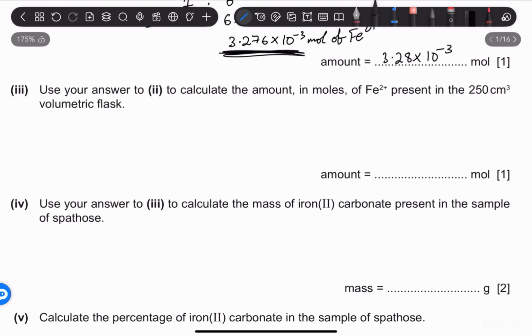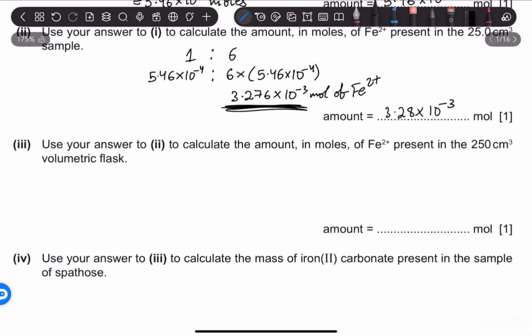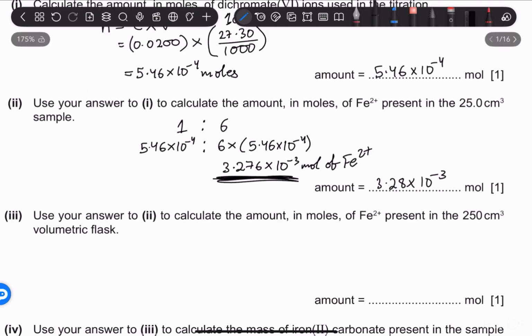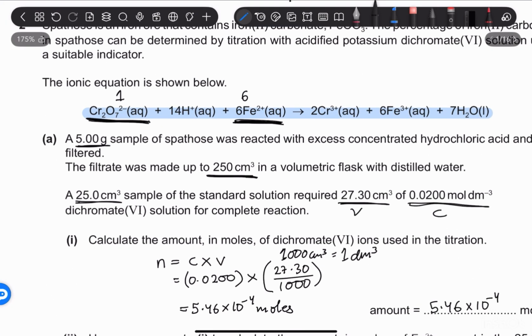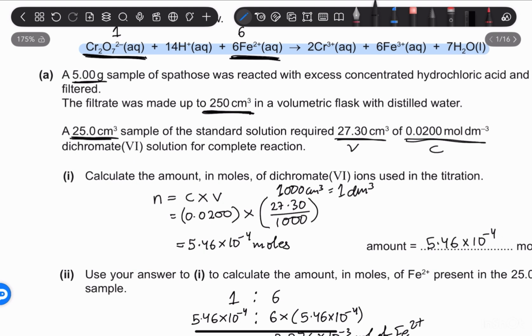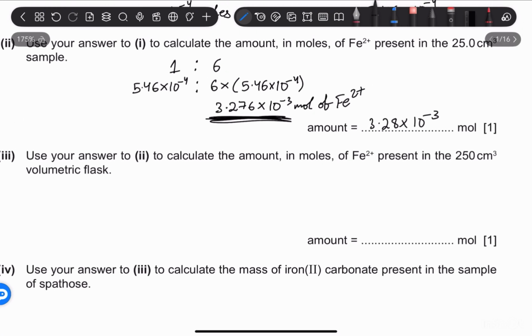Use your answer to II to calculate the amount in moles of Fe2+ present in the 250 cm cubed of the volumetric flask. Remember, this 25 cm cubed sample was taken out of 250, so it is basically 10% of the moles in the actual volumetric flask.